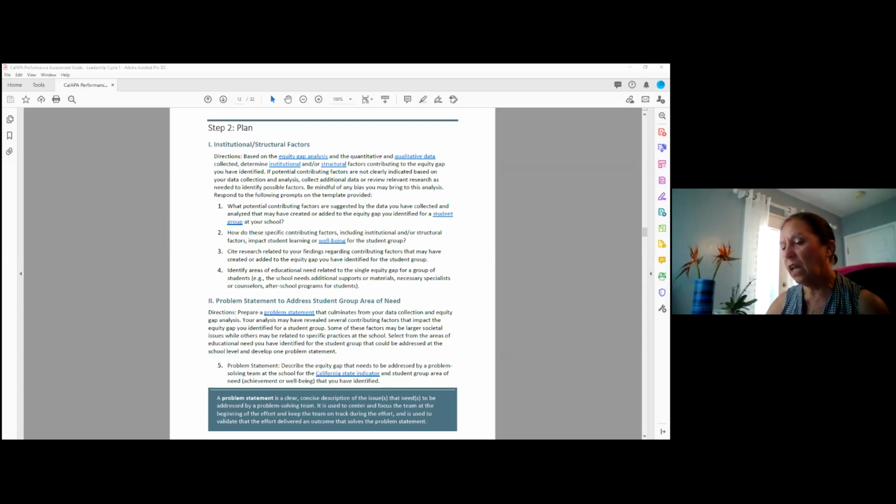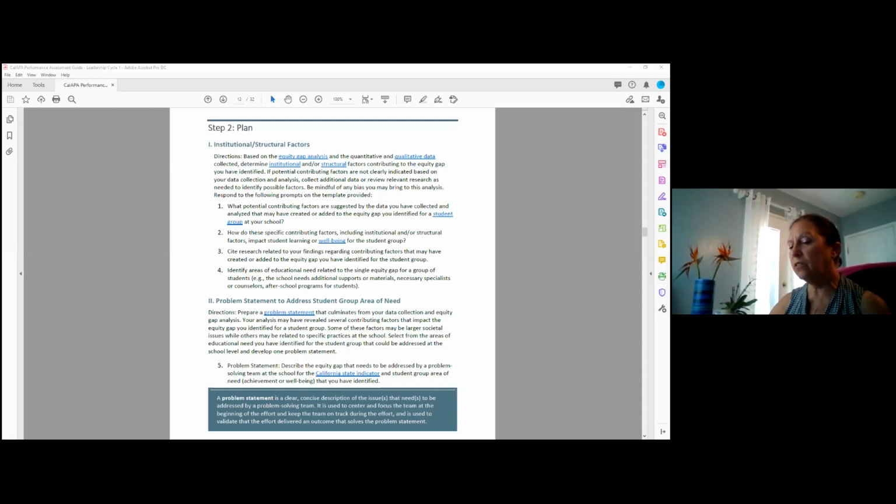Second question, how do these specific contributing factors, including institutional and/or structural, impact student learning or well-being for the student group, academic or well-being? Then we ask the candidate to cite the research that's related to their findings regarding those contributing factors that may have created or added to the equity gap they identified for the one student group.